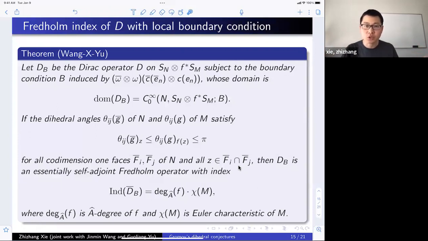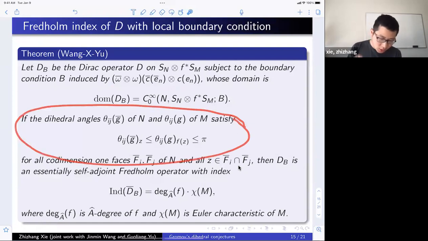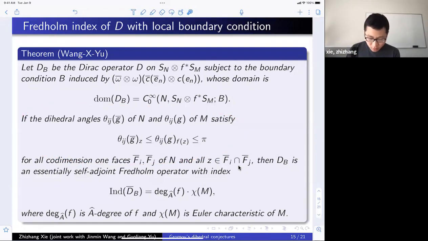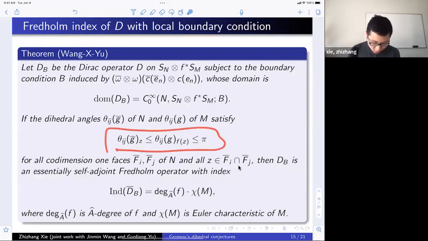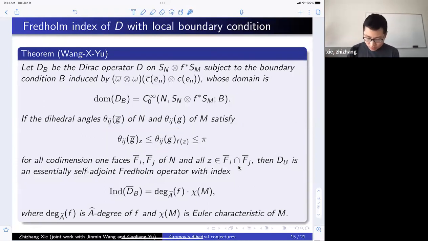But in the general context it's not much different; you just put that boundary condition there. Now here comes the essential part: under the dihedral angle assumption, that all the dihedral angles of M are less than pi, and that the dihedral angles of N are less than the corresponding dihedral angles of M, one can show that this operator under this natural boundary condition is essentially self-adjoint.